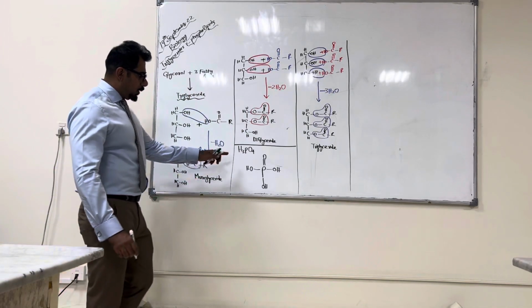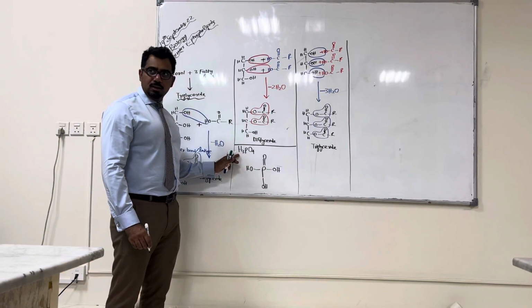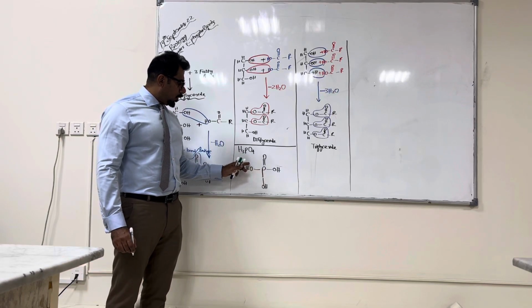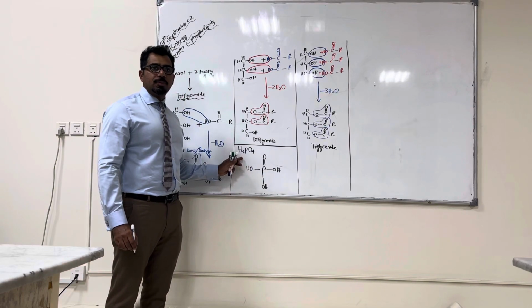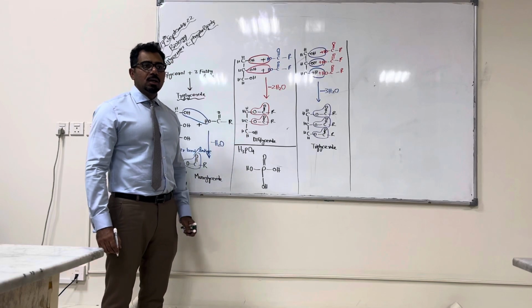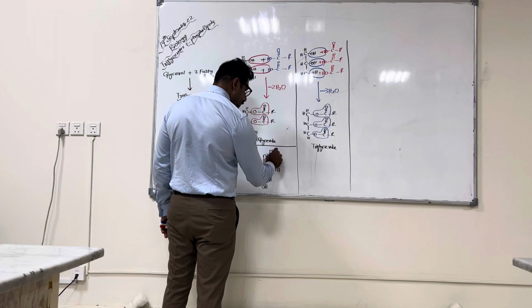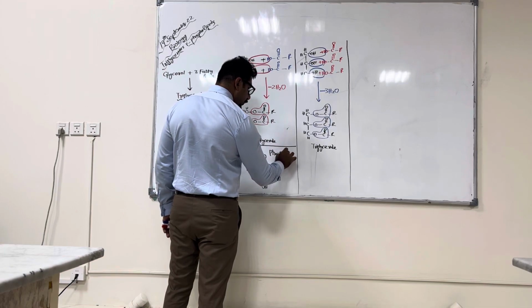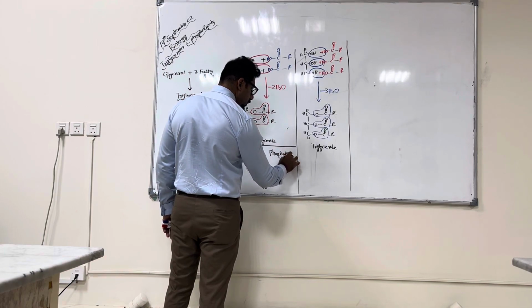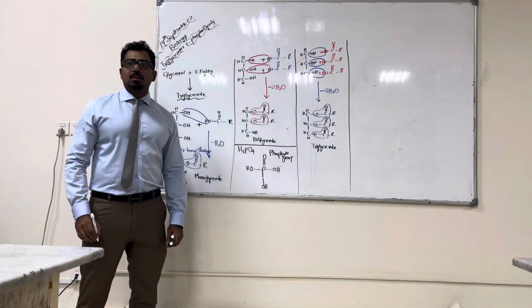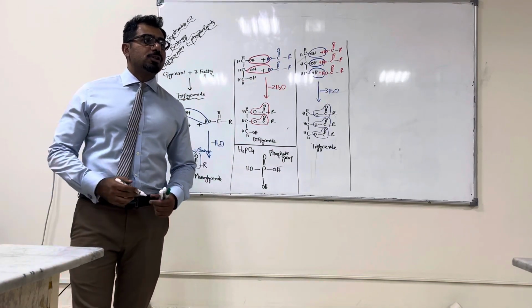If you count 3 hydrogen, 1 P and 4 oxygen, H3PO4. Can you see that? This is also referred to as the phosphate group.